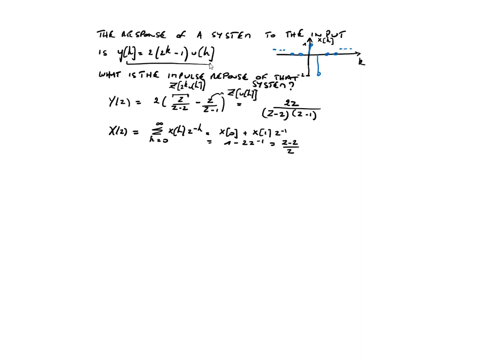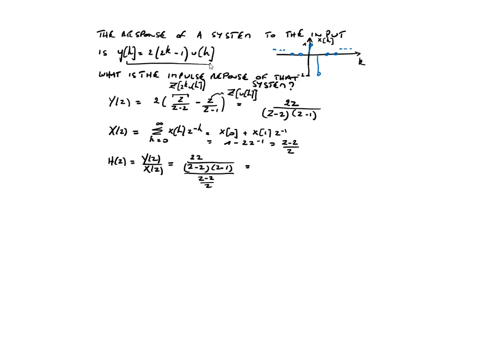You remember that h of z, the transfer function, is the z transform of the output divided by the z transform of the input. So we have y of z divided by x of z. So that's 2z over z minus 2, z minus 1 divided by z minus 2 over z.